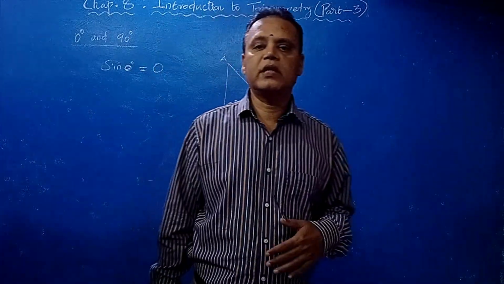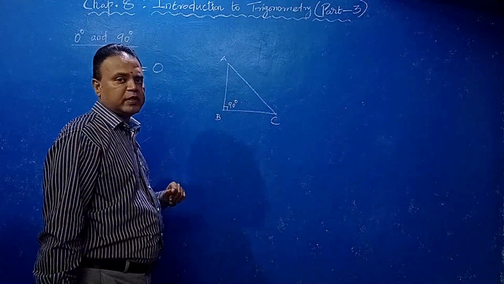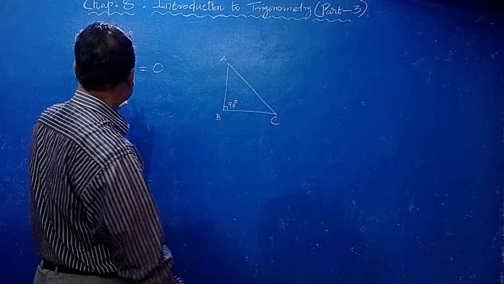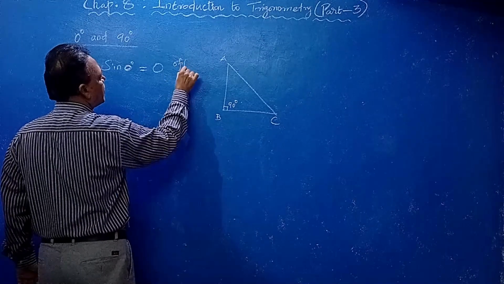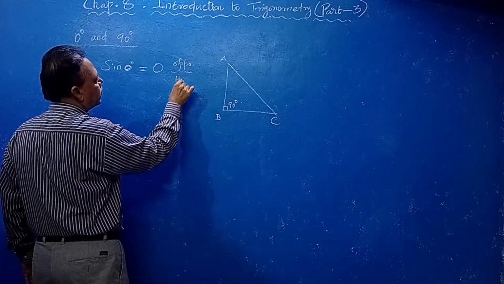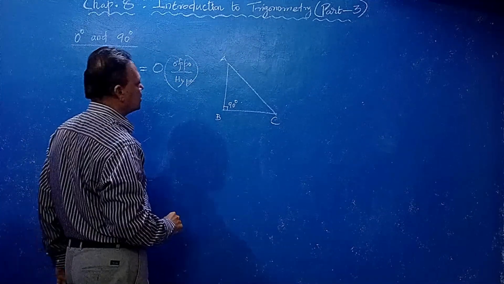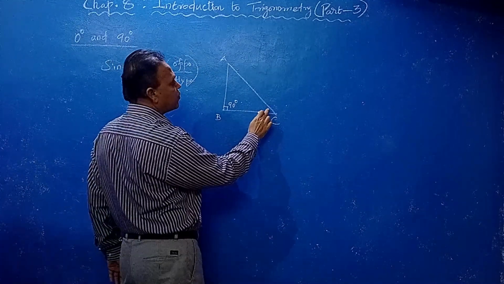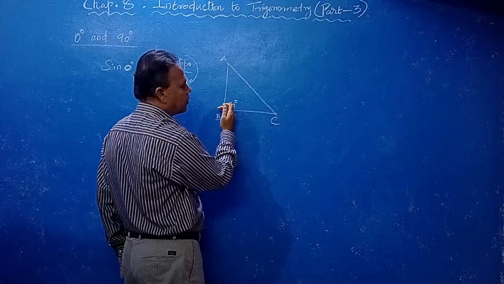So next we will see 0 degree and 90 degree. Just draw this diagram and imagine. Sine means opposite by hypotenuse. But when the angle is 0 degree, what will happen? You will not get a perpendicular side.